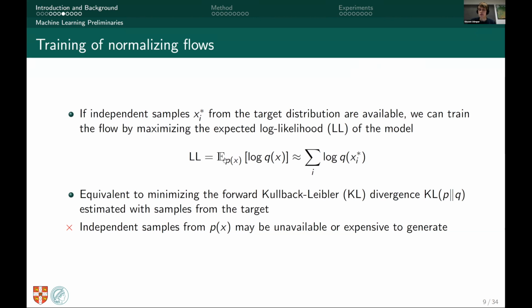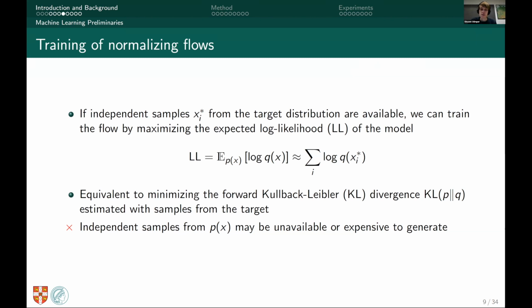So basically, you just want to compute the expectation of the log probability of your model under the target distribution. And since you have samples from the target distribution, you can just estimate this with those samples.